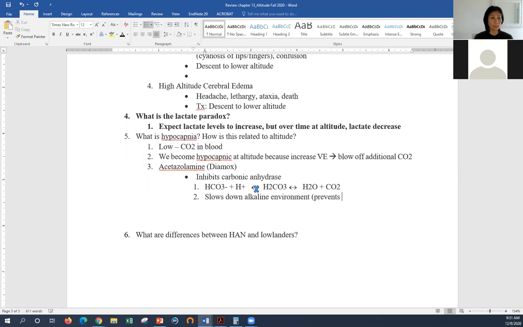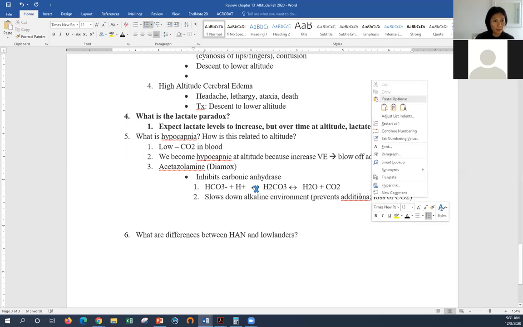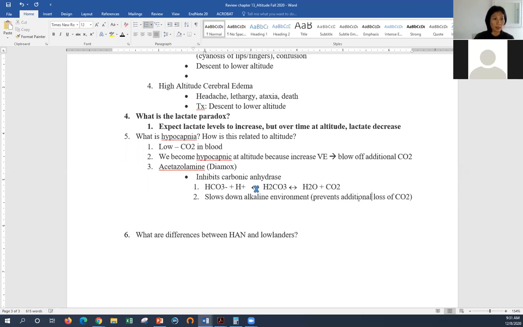So it prevents additional loss of CO2. So it's helping to prevent hypocapnia. And also remember, we talked about the renal response to ascent to altitude, where the kidneys secrete bicarbonate, where if we secrete the bicarbonate, hydrogen ions have nothing to bind to. And this is another way that we are able to slow down the increase in pH.